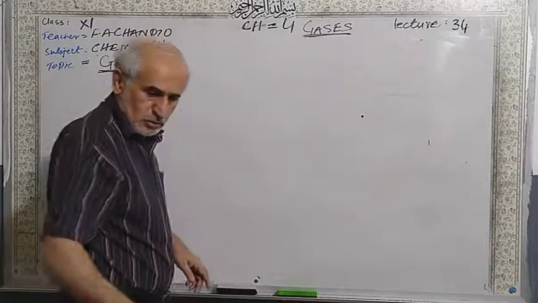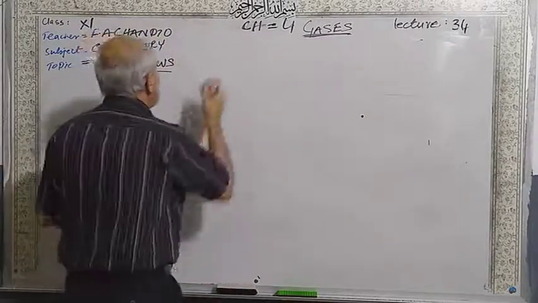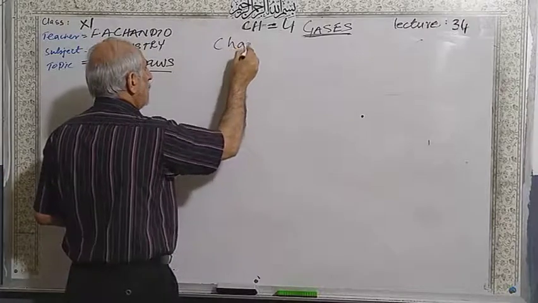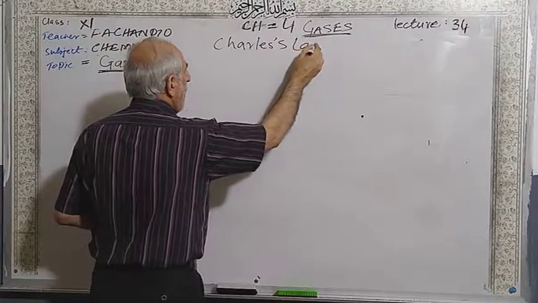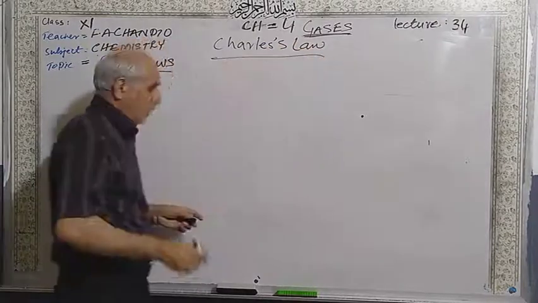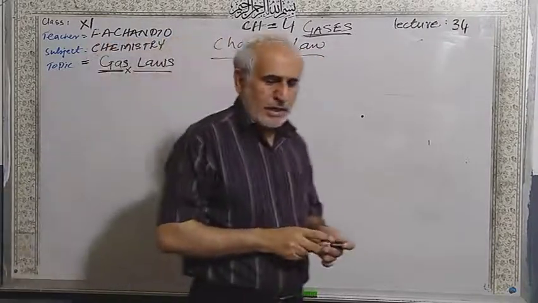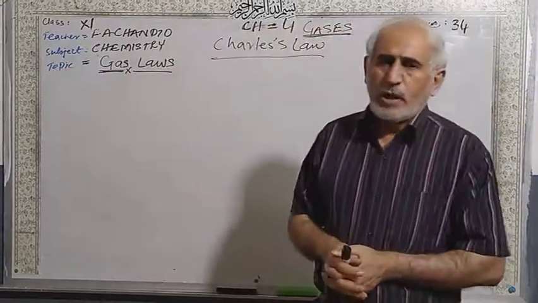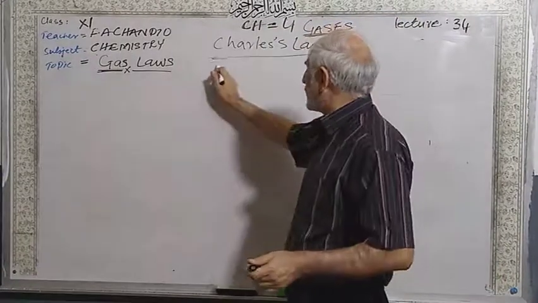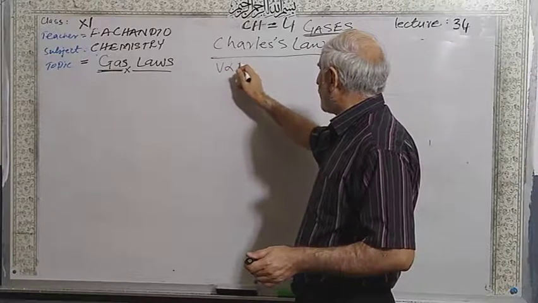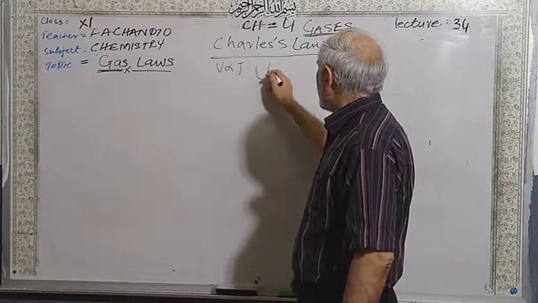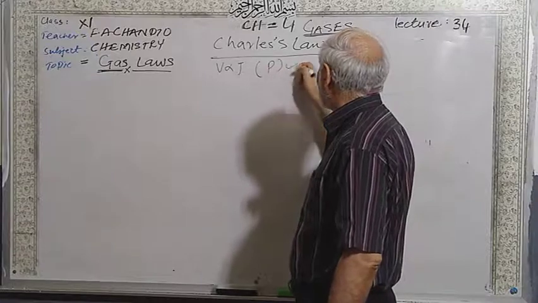Now, Charles' law. According to Charles' law, the volume of a given mass of gas is directly proportional to the temperature where the pressure remains constant.